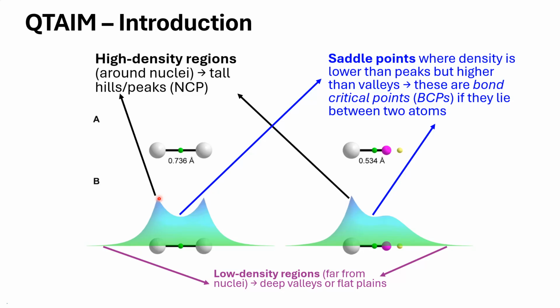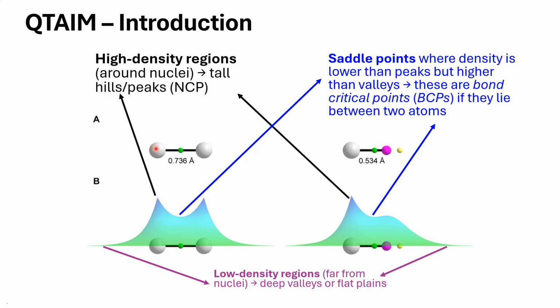And I told you in QTAIM analysis that we use (3,-1) bond critical points. But you also get (3,-3) critical points, and those are called nuclear critical points or NCPs. So NCPs are basically where the density at the nucleus is the highest.